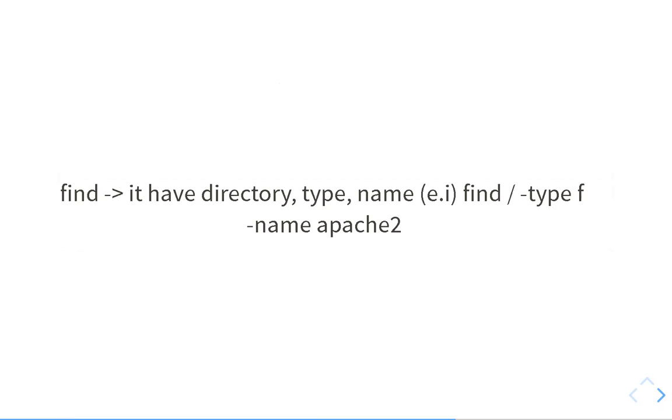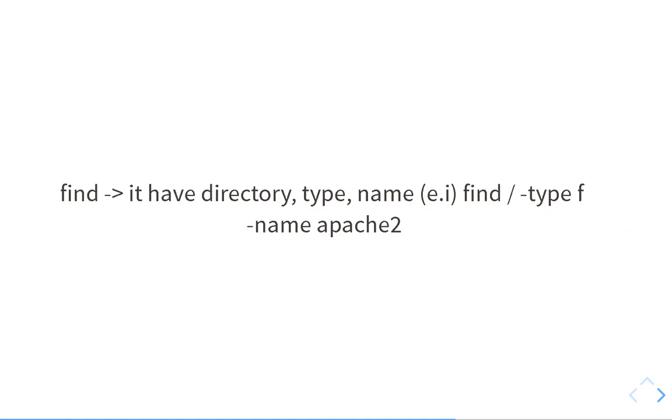So for example, right here in the example, we have find slash, which is the root, so we will start from the root, the starting point. Then the type, what type of contents we are searching, right? Is it a file? Is it a folder? And after that, we have a name. So Apache 2 is basically the file name that we're trying to find.